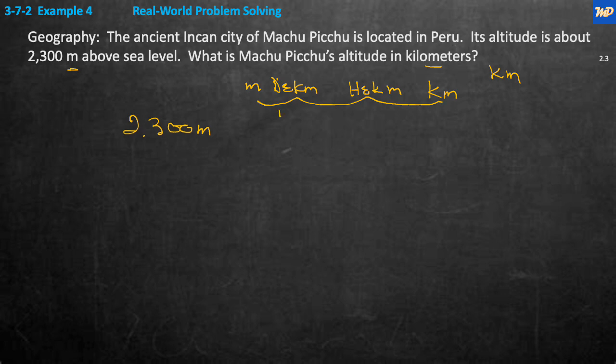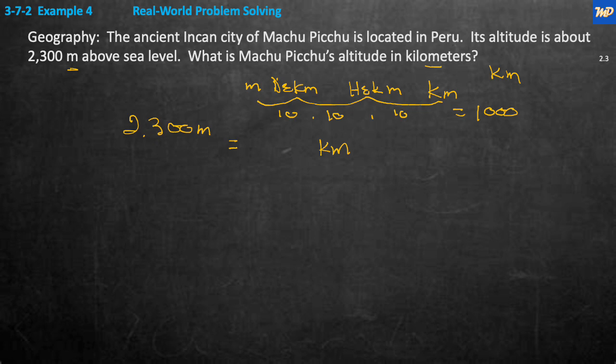So it's 10 times 10 times 10. And that equals 1,000. Okay, so now we know that our multiplier or divisor is 1,000. So we have 2,300 meters, and we're going to kilometers. So 2,300 meters is equal to how many km?